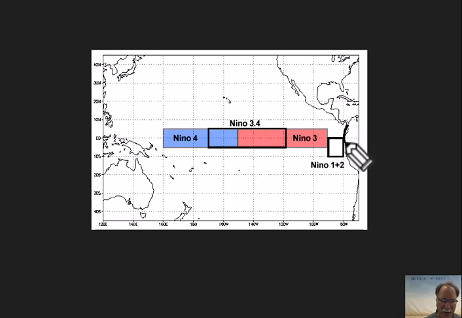This is the west coast of South America, and this is the region right here where it is warmest relative to normal. Again, we saw a moment ago 4 to 5 degree temperatures above normal in this part of the Pacific Ocean.